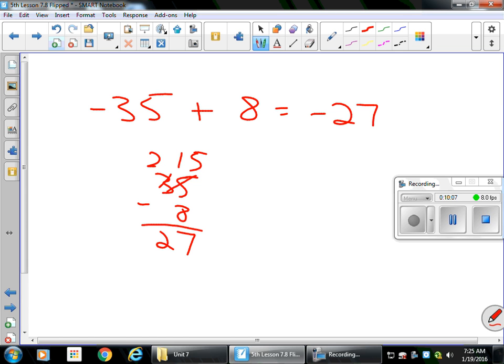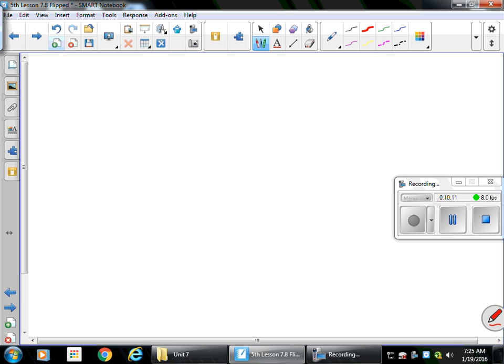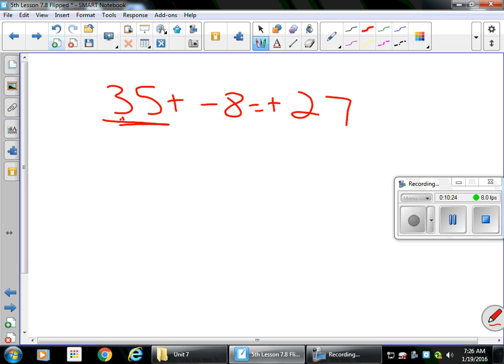So just keep in mind, if you're this far in the negative, your answer is going to be negative. But if I do the opposite, now my answer is still 27, but it's going to be a positive 27 because I'm starting off big in the positives. I have $35, I spent $8, so now I'm with $27.